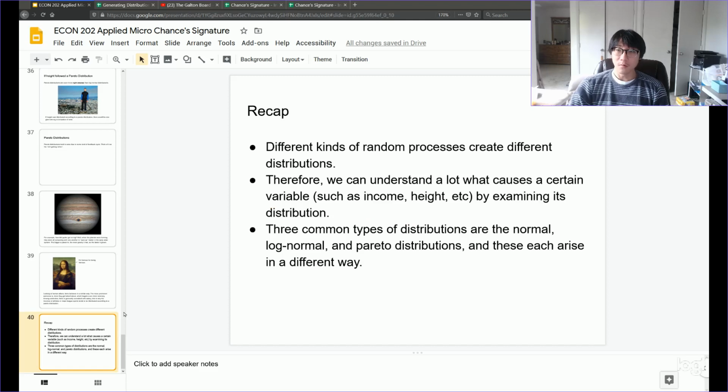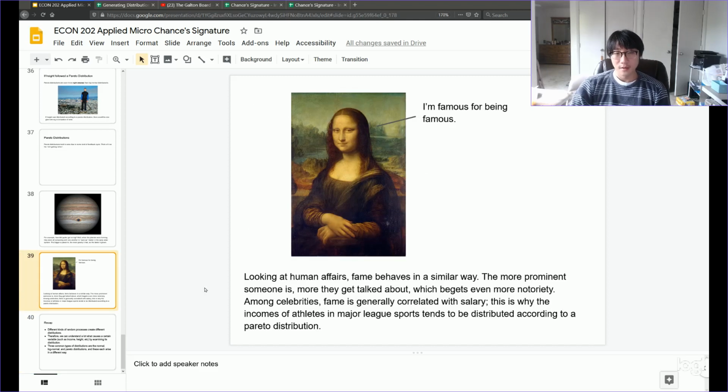If you think about it, a celebrity's income is very much based on their level of fame, right? And obviously, once somebody is already famous, they can do a lot of things. They can go on TV. They can sign an advertising contract with Nike.